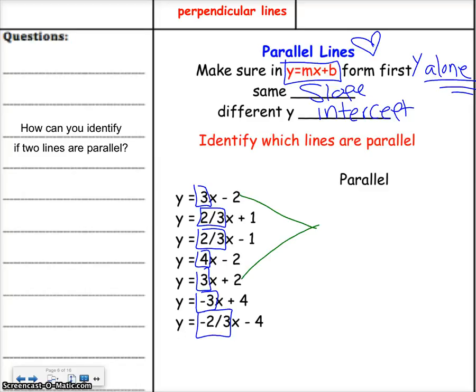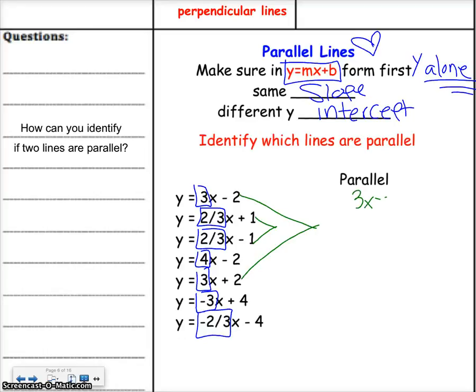You see that? And then what else? 2/3 and 2/3 have the same slope. They're parallel. Is that it? I think that's it. I have a 4. There's no other 4. A 3 is already connected. -3. There's no other -3. So that's the parallel lines.